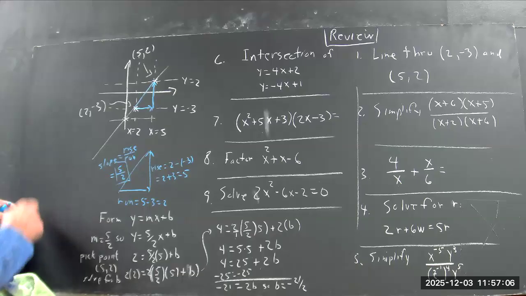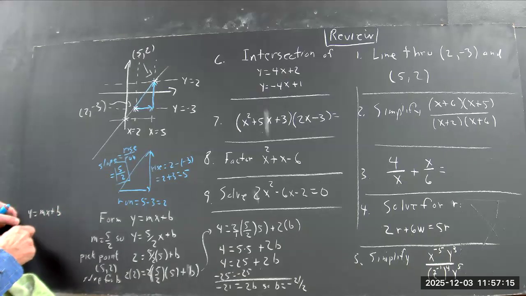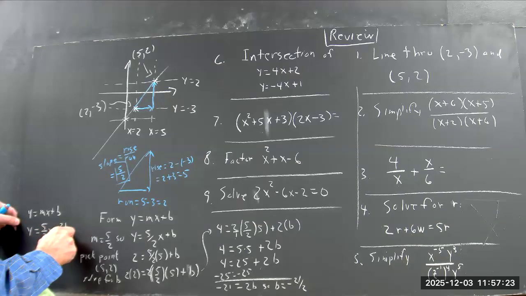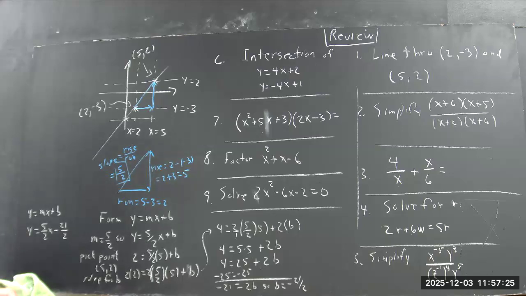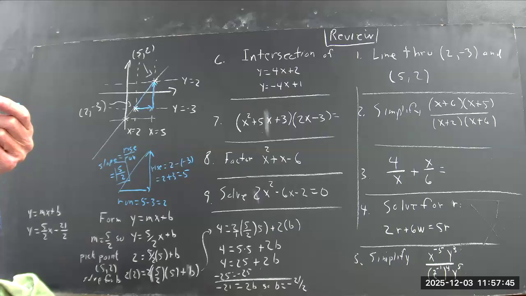We conclude that y equals mx plus b is then going to be y equals 5 halves x minus 21 halves. Now, if I plug x equals 2 in here, I don't get y equals -3.